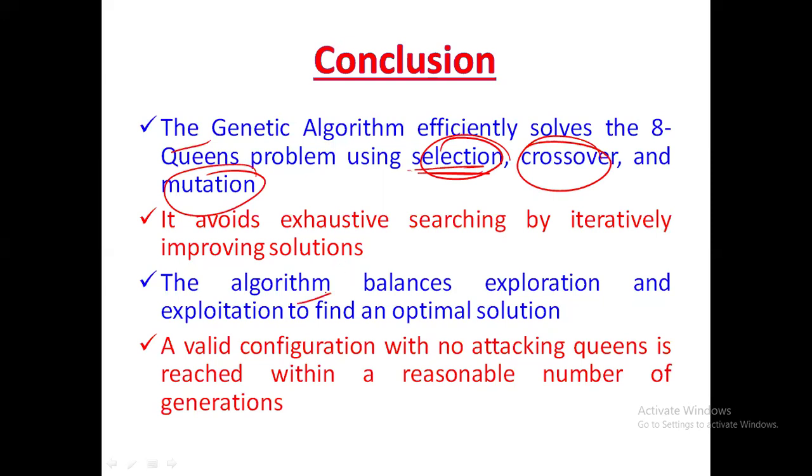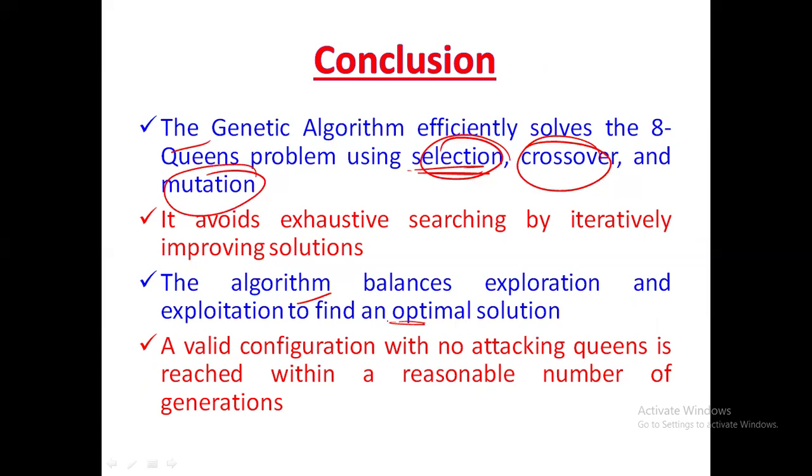By balancing exploration, searching new possibilities, and exploitation, refining promising solutions, the algorithm efficiently finds an optimal arrangement where no two queens attack each other.